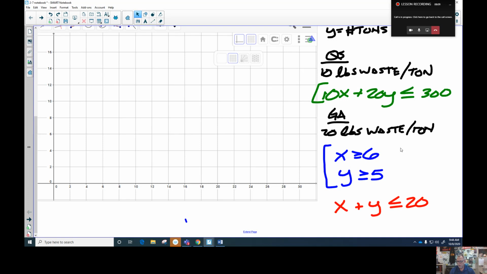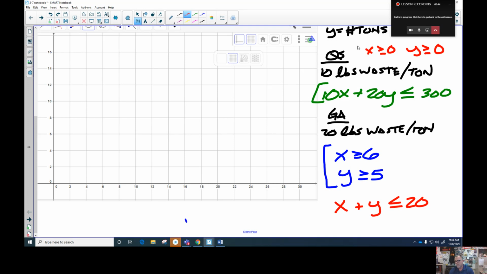When we talk about these real life problems, these linear programming problems, we're talking about situations with numbers that are greater than 0, because we can't have negative quantities of, say, Quick Stick or negative tons of Glue All. So we're going to have positive quantities. Normally what I would have written down right off the bat in this problem is X is greater than or equal to 0, Y is greater than or equal to 0. And that's important to understand because that keeps us in the first quadrant.